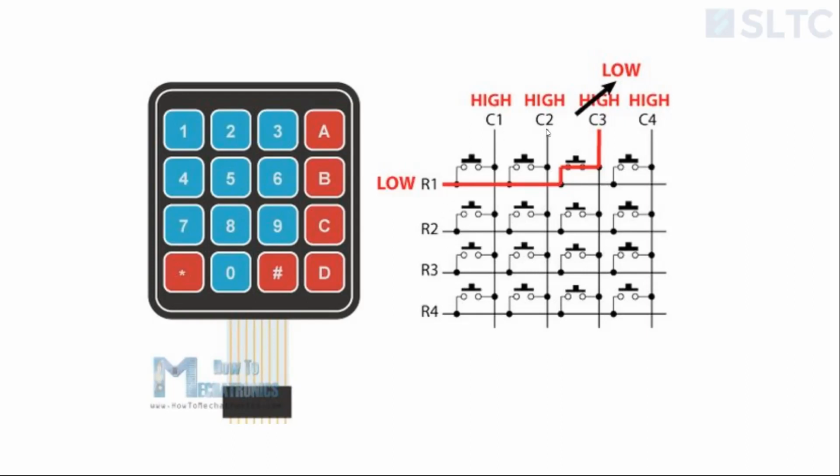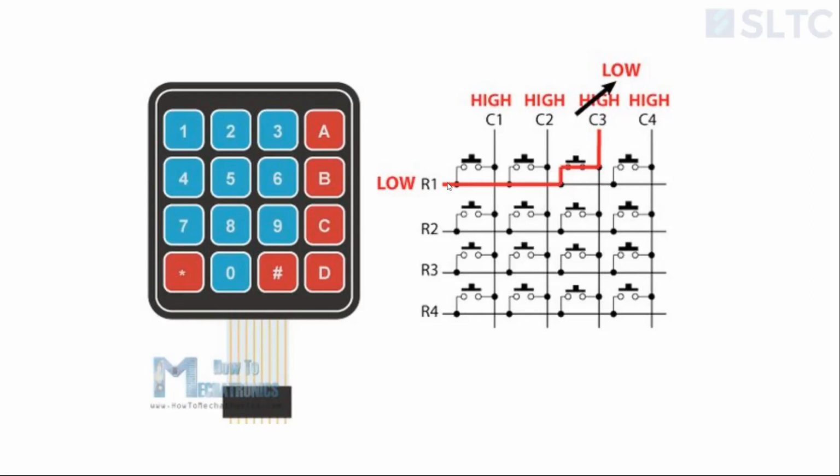Then it goes to column 2. The signal comes down column 2, and then it checks R1, R2, R3, R4 like that. And when it comes to column 3, you notice we have pressed the switch here. So when you press the switch here, column 3 current is going through the switch and to R1.